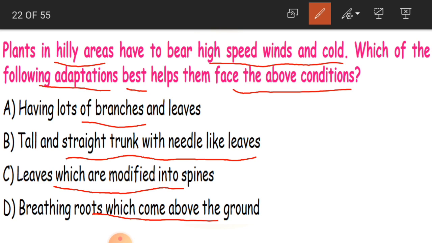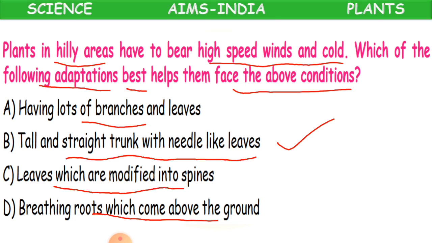Which option will best help these plants in hilly areas to face the winds and cold? So what will be the answer, children? That is option B. Because they have a tall and straight trunk with needle-like leaves, they are able to face the winds and cold. Clear? Option B is the correct answer.